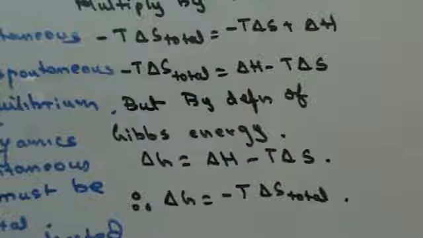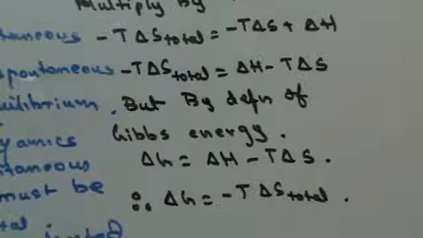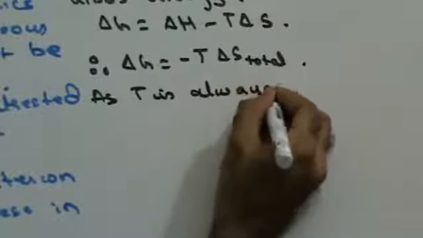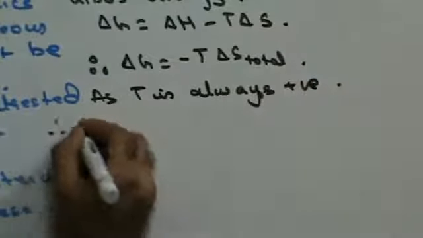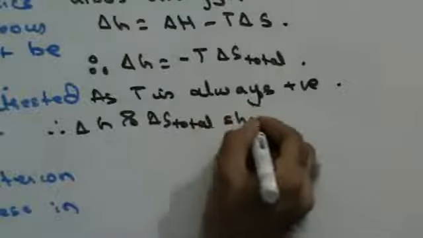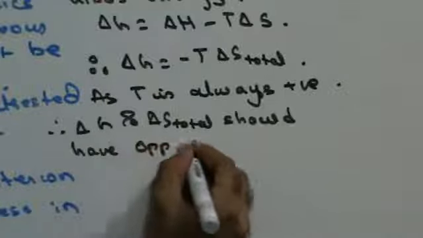We know that T is always positive, so delta G and delta S total have to have opposite signs, only then can I have a negative sign here. Therefore delta G and delta S total should have opposite signs.